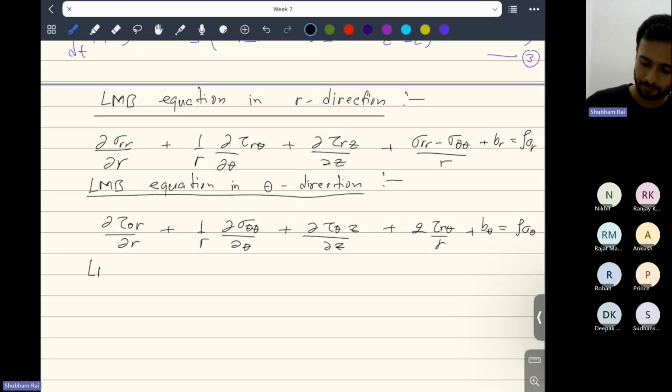And then you have the LMB equation in Z direction.